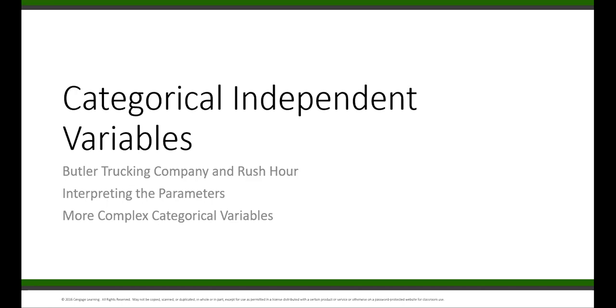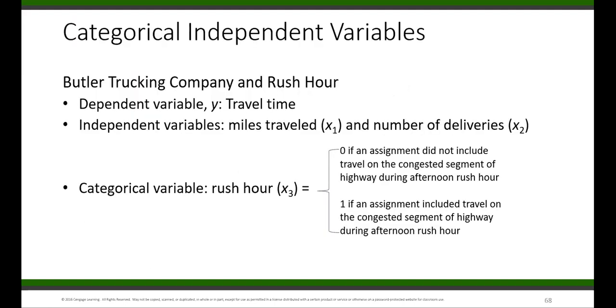All right. So in the next example, we have the same example, Butler Trucking Companies, but now we have another variable, a categorical variable, and that would be the notion of rush hours, taking the highway during the rush hour.